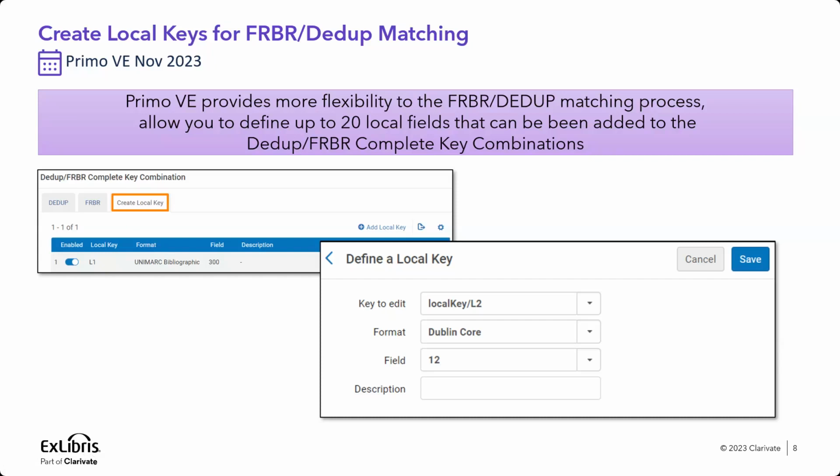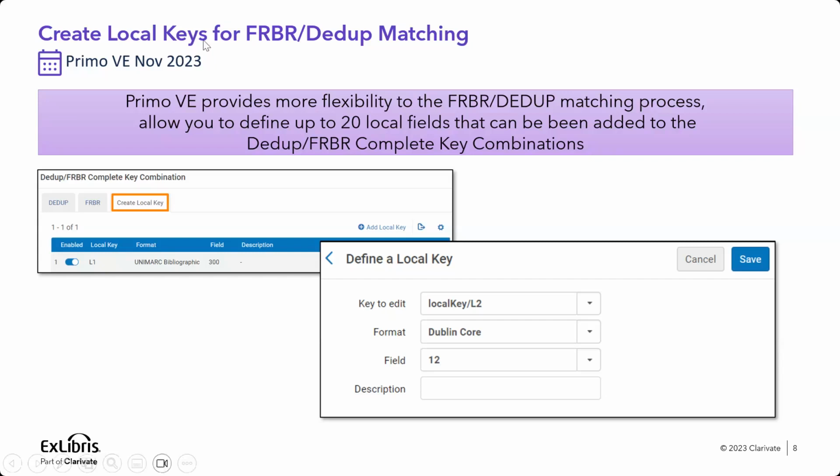Based on the use cases customers gave us, for instance, one customer wanted to have a matching from external source records to the local catalog based on a local field that they want to create. They want to have a matching and a dedupe based on that, and with the closed list of keys that we provided, they could not do that.